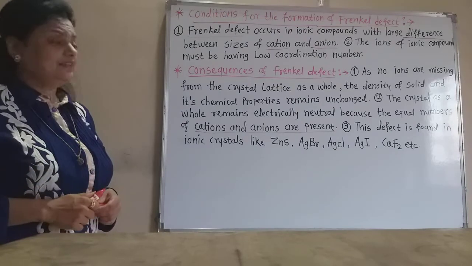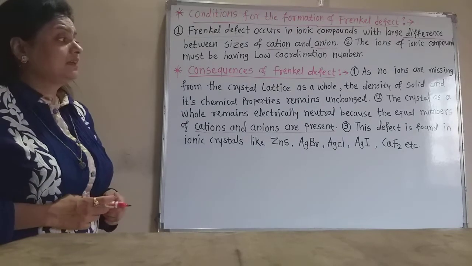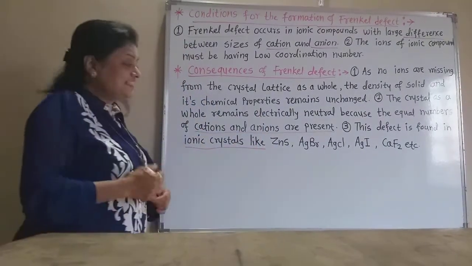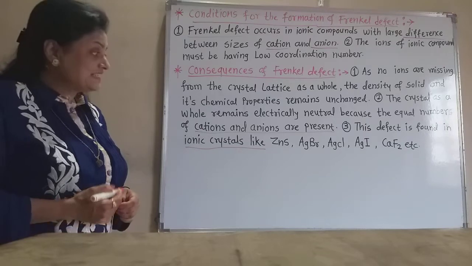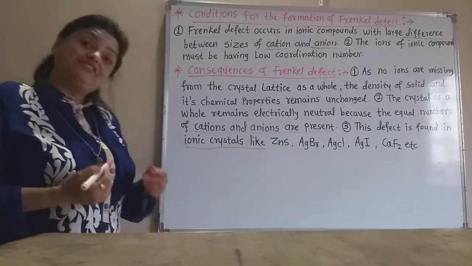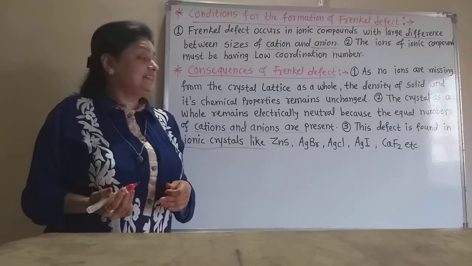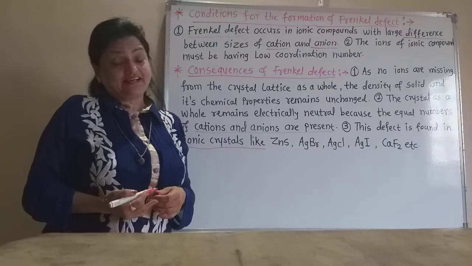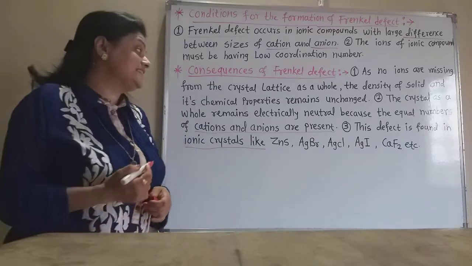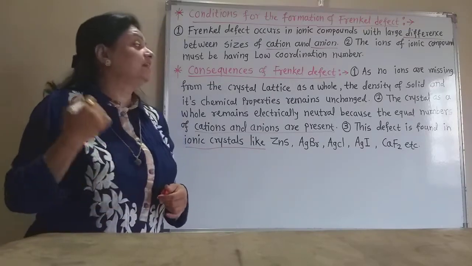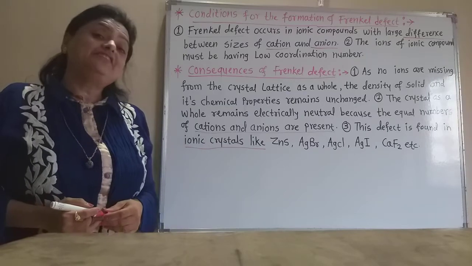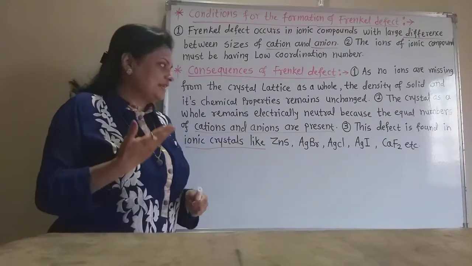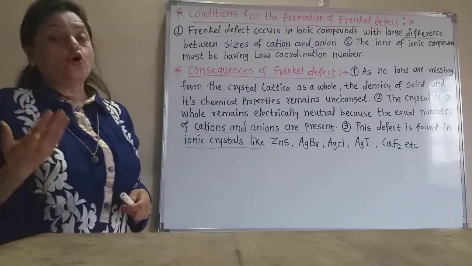Now the third point: this defect is found in ionic crystals like zinc sulfide ZnS, silver bromide AgBr, silver chloride AgCl, silver iodide AgI, and calcium fluoride, etc. In all of these, the cations, zinc, silver and calcium, are smaller in size than the anions, such as the sulfide, bromide, chloride or iodide ion.